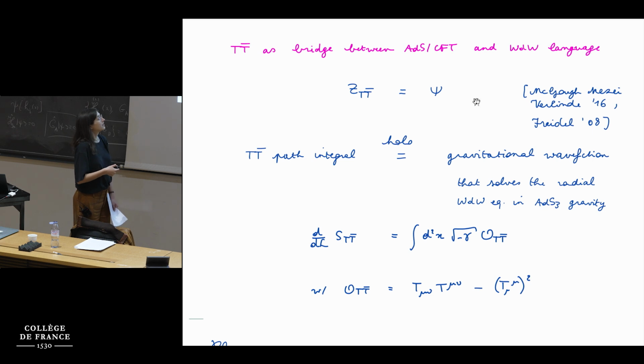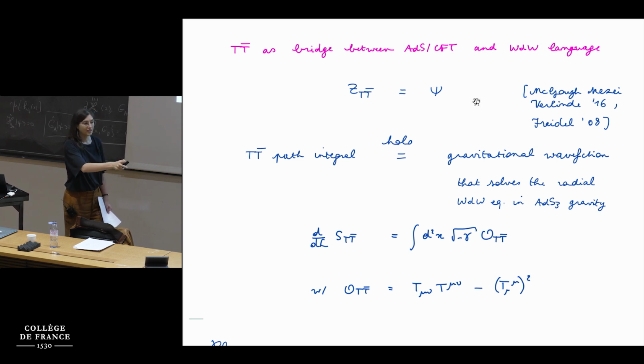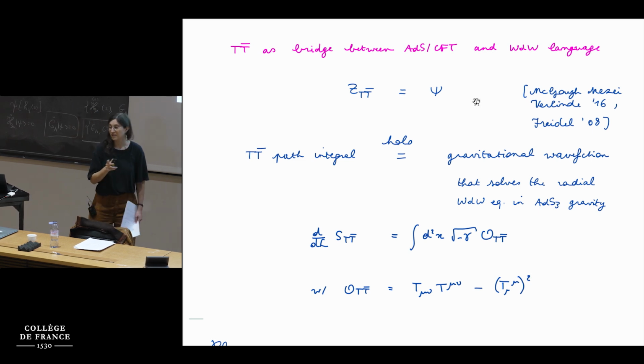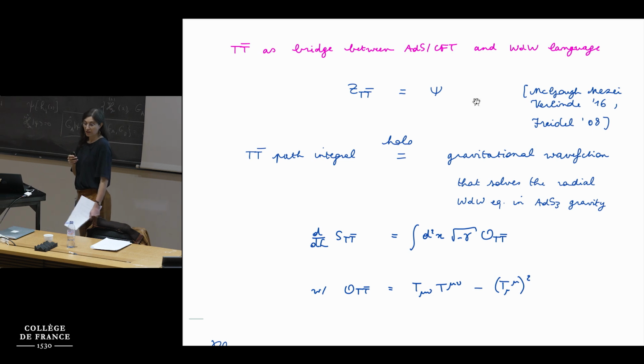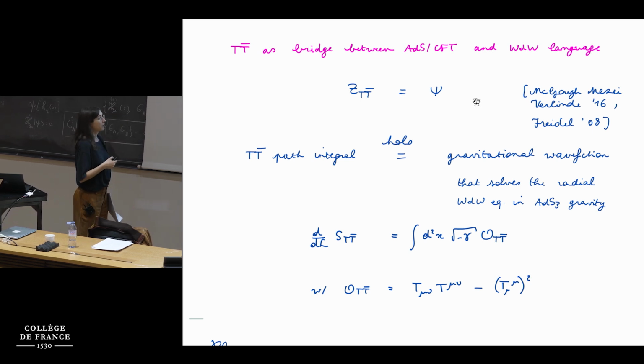So the TTbar deformation tells us in field theory language how to move into the AdS bulk. So I do believe TTbar theory is very important to really understand the holographic dictionary, because it, in a sense, dissects AdS/CFT for you. Okay.